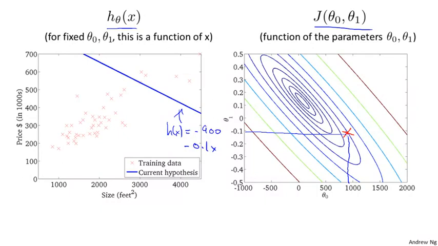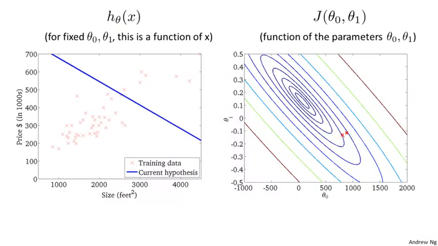Now, if we take one step of gradient descent, we end up going from this point a little bit down and left, to that second point over there. You'll notice that my line changed a little bit. As I take another step of gradient descent, my line on the left will change, and I've also moved to a new point on my cost function.